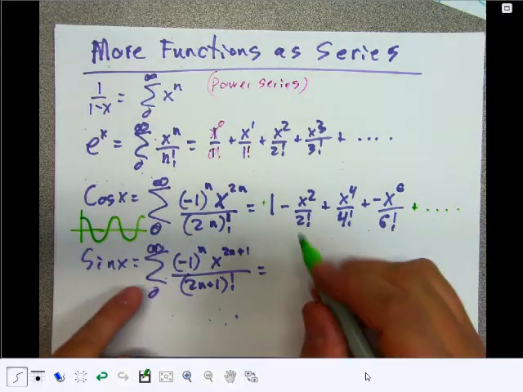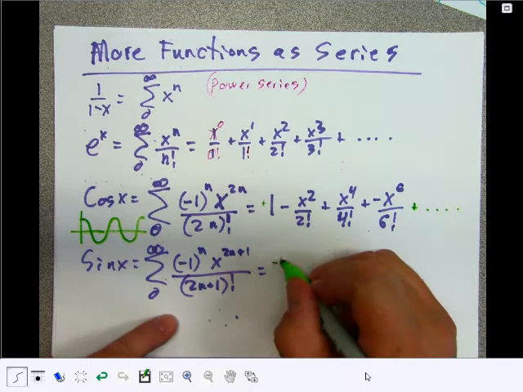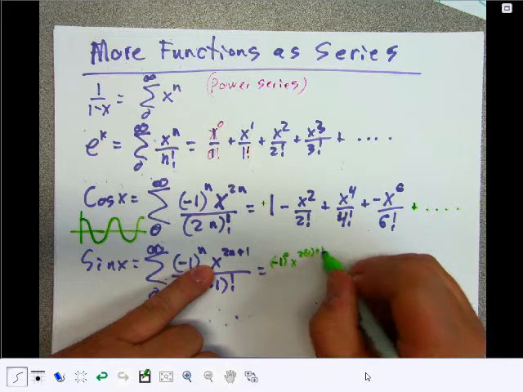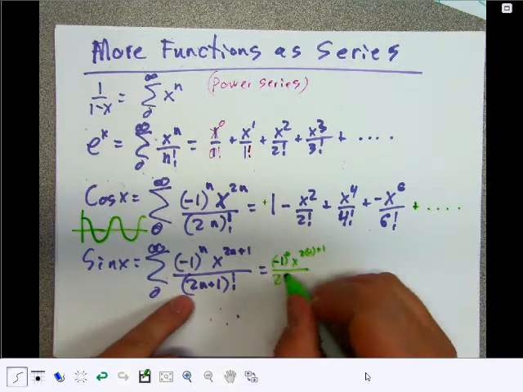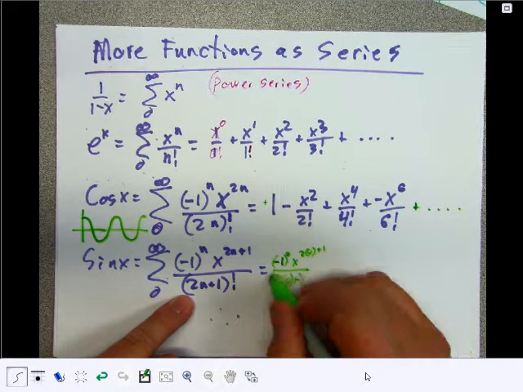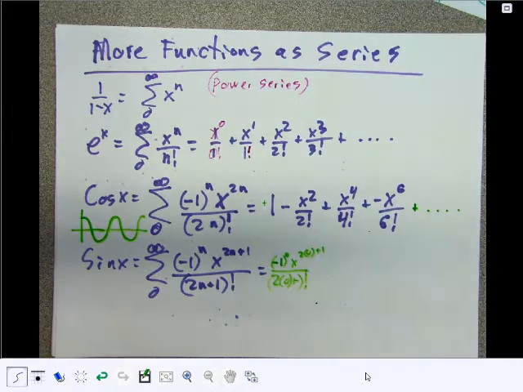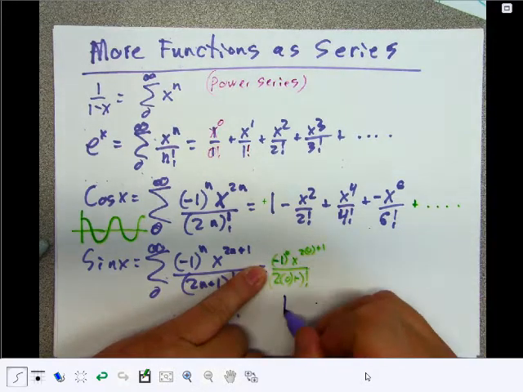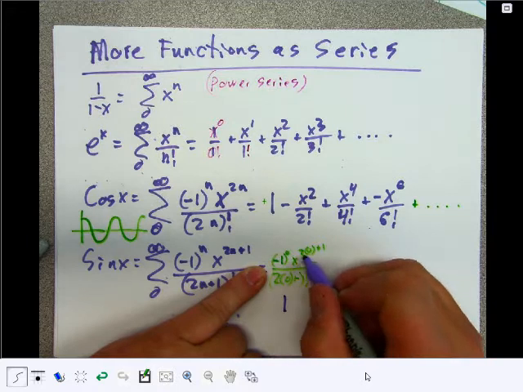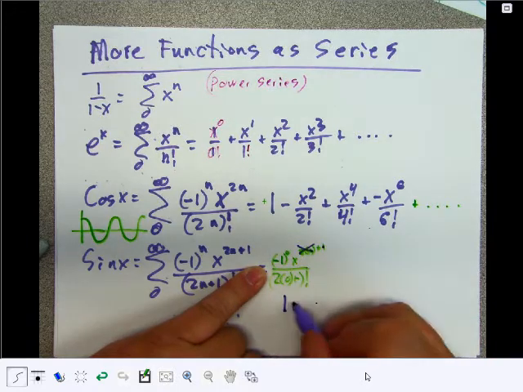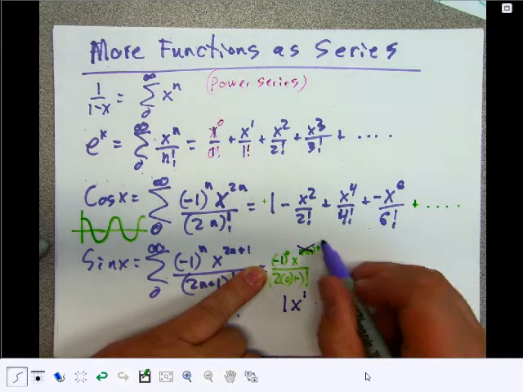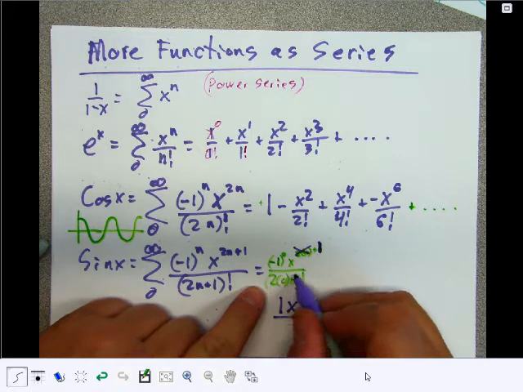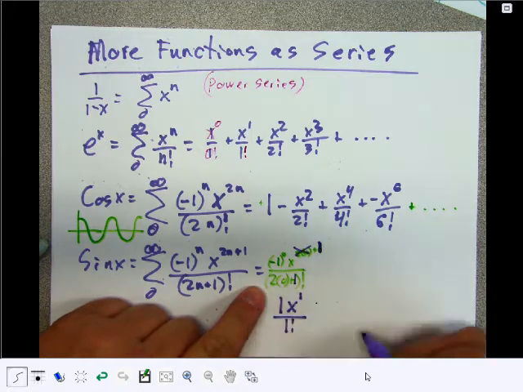Sine x, let's go ahead and figure out what it would be. Well, it's negative 1 to the 0 power, x to the 2 times 0 plus 1, all over 2 times 0 plus 1 factorial. Negative 1 raised to the 0 power is 1. X to the 0 plus 1, so we end up with 1x to the first, because the plus 1 still hangs around, all over 1 factorial.